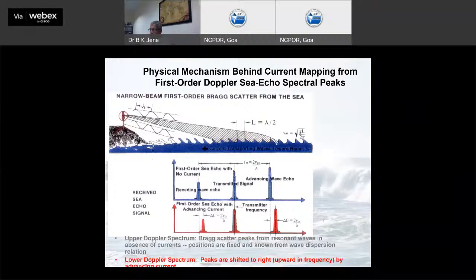So what is happening? Due to that, either the current is moving away from the antenna or coming towards the antenna. You see the bottom panel, that is the red things. If the currents are coming towards the receiver antenna, it is positive, and if it is going away from the antenna, it is negative.